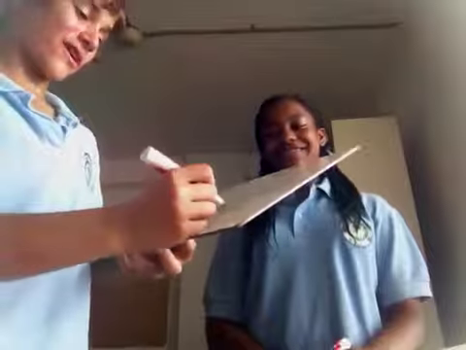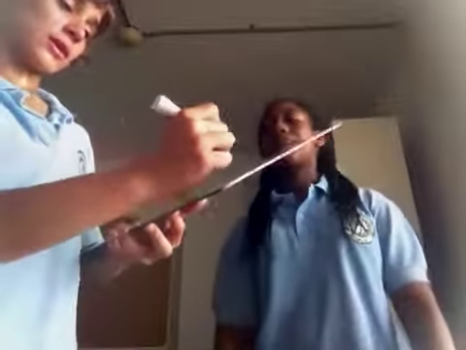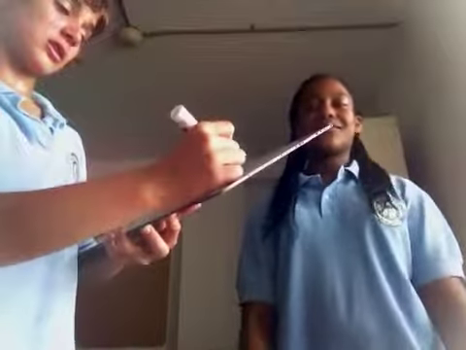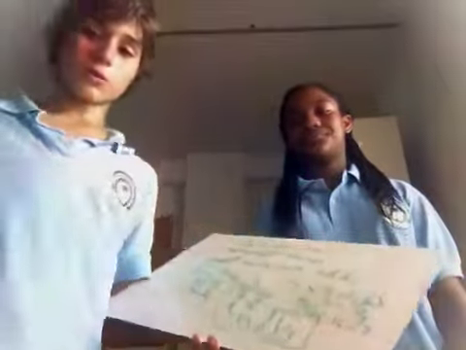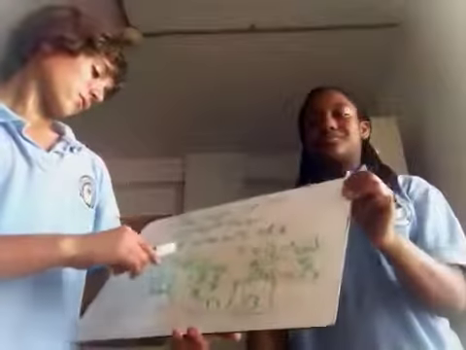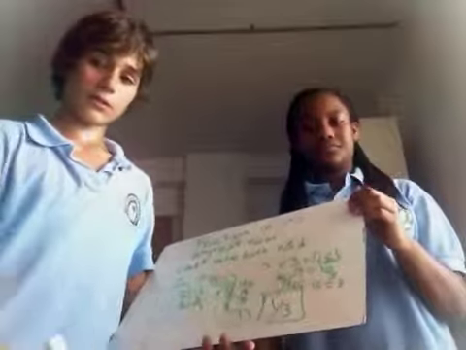And 45 divided by 15 is 3. Now put these together as a fraction and you get 1 out of 3. So the conclusion is that 15 out of 45 in its simplest form is 1 out of 3.